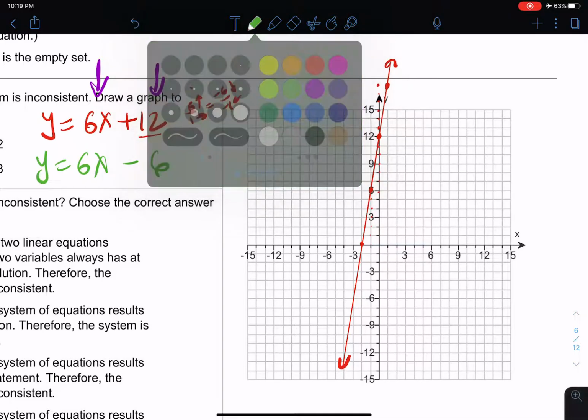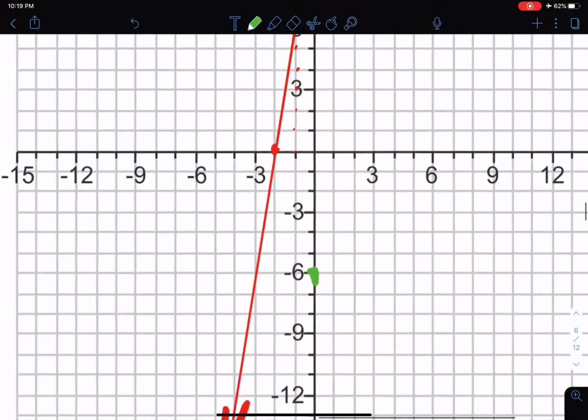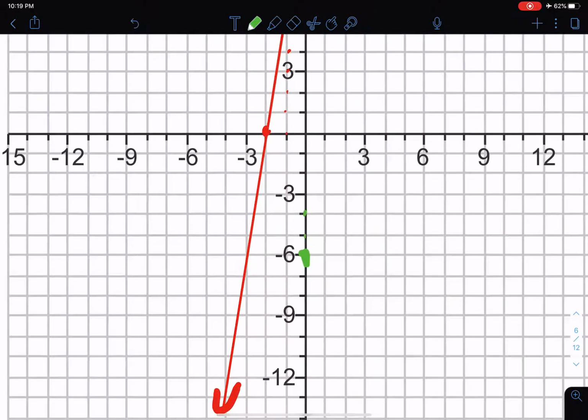So I'll do the next one in green, and the next one has a y-intercept at negative 6, which is right here. And it has the same slope of up 6, right 1. So let's zoom in. Up 1, 2, 3, 4, 5, 6, right 1.